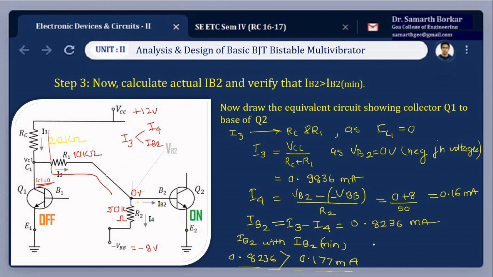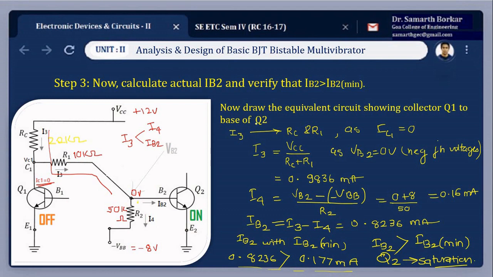IB2 is very much greater as compared to IB2 minimum, so that will ensure that transistor Q2 is in saturation mode. So our assumptions are correct: Q1 is off and Q2 is on.